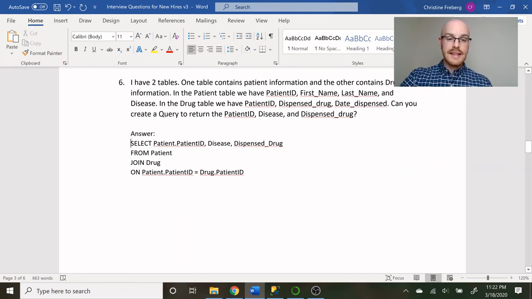So the answer is select patient.patient ID. We have to do patient dot because we have to specify what table it is, because patient ID is in both the patient and the drug table, comma disease, comma dispensed drug from the patient table. And we're going to join the drug table on patient.patient ID is equal to drug.patient ID.